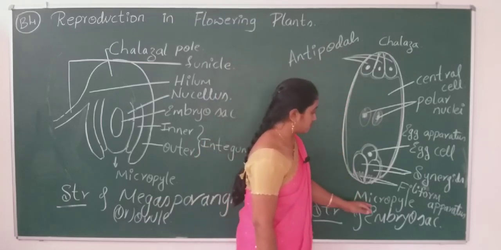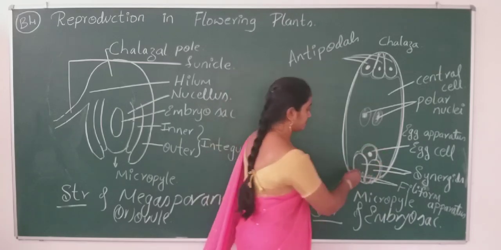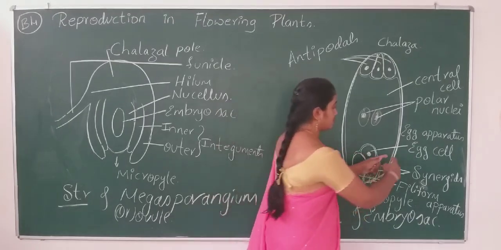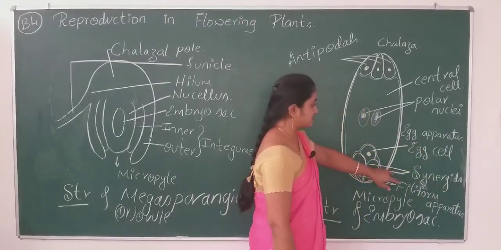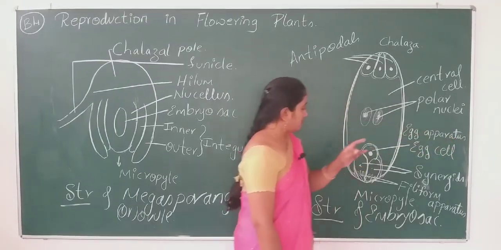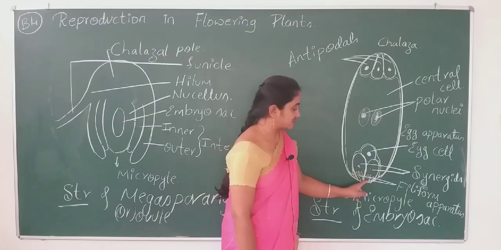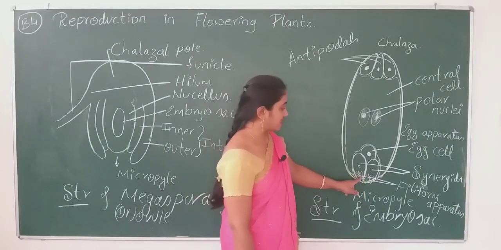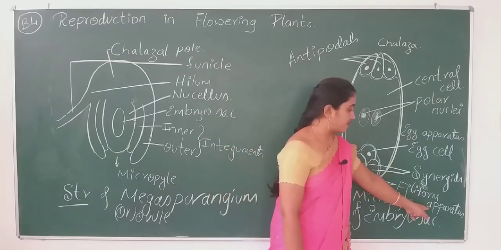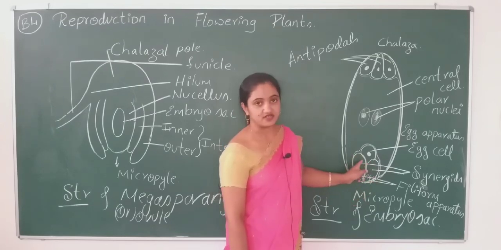Now coming to the micropylar region, we have three more cells here: two synergids and one egg cell. This egg cell and synergids we are going to call the egg apparatus. The synergids bear a finger-like projection. As I told you yesterday, that apparatus is known as filiform apparatus, which guides the pollen tube to enter inside the synergid.